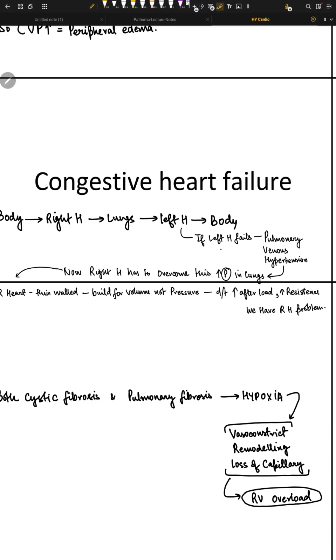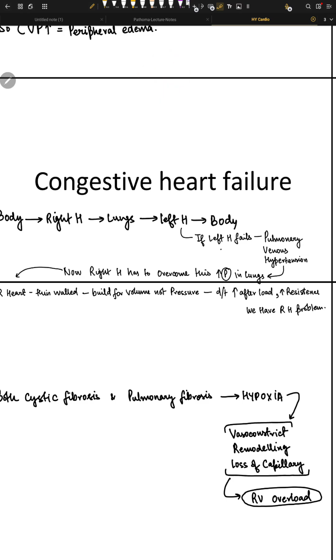Think of it as the pressure wall your ventricle has to push open to get the blood out, right? I want to explain this very simply. For example, let's take the left ventricle. Afterload here is the aortic pressure, or the systemic vascular resistance created by your arterioles. So this is usually afterload, right?